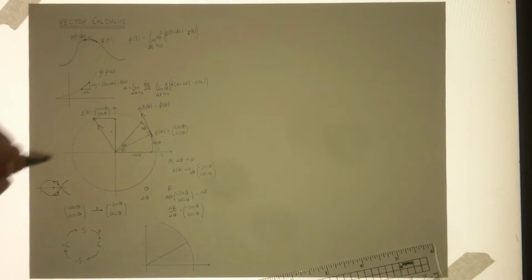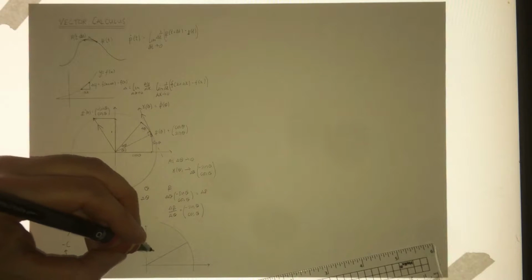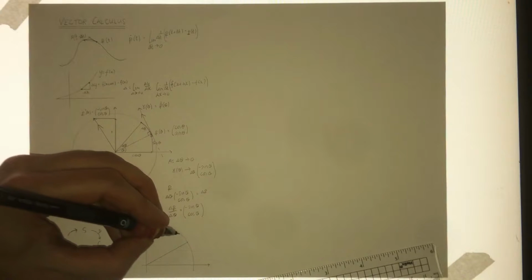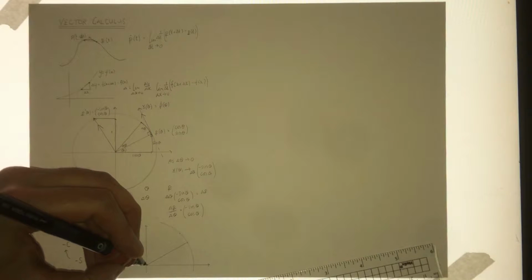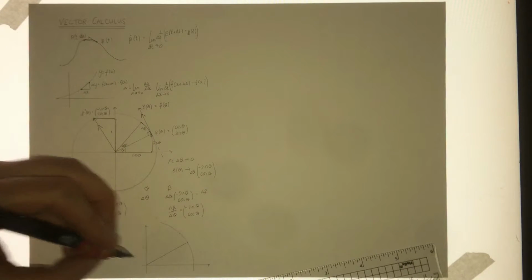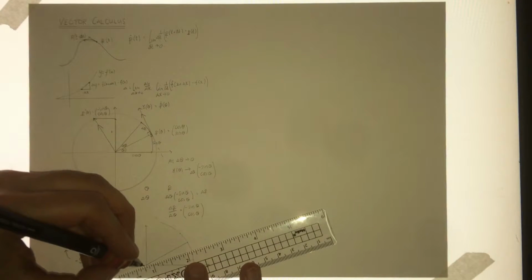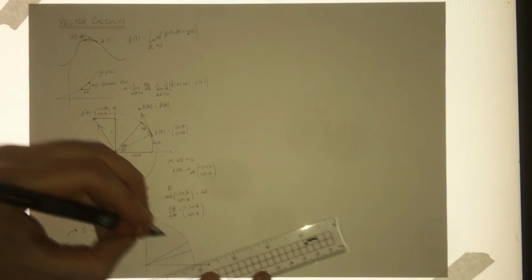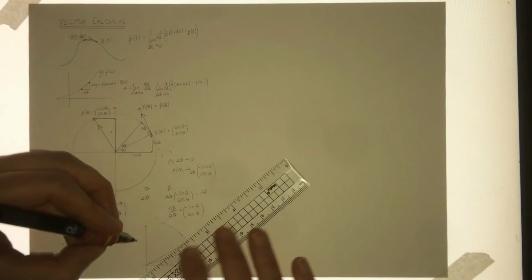What we can do is, instead of using the limit from theta to theta plus delta theta, we could go back a certain amount and then go forwards by the same amount.